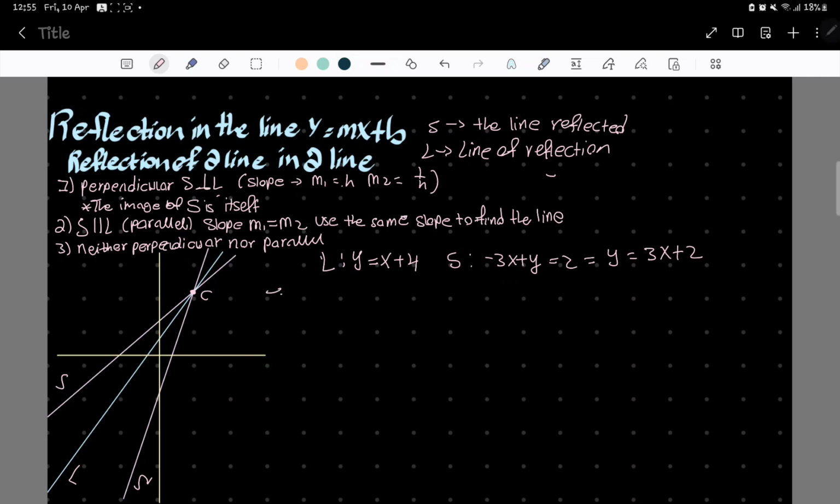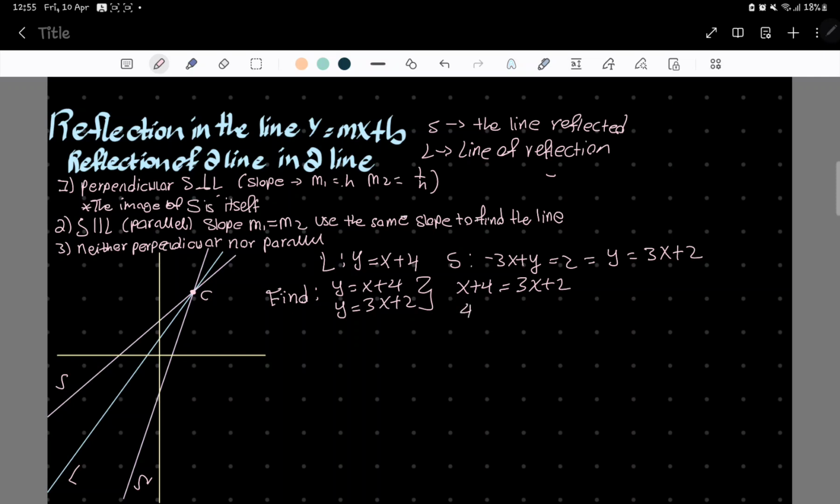Once we have rearranged this, we proceed to find C. If you have a notebook, please follow along by taking some notes on the steps. This is the first step: we need to find the point C. We put them in a system of linear equations and then solve. They're both equal to y, so x plus 4 equals 3x plus 2.